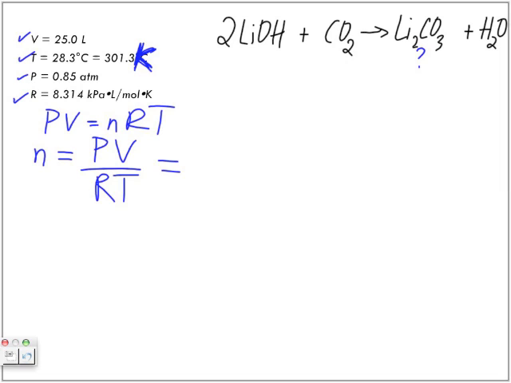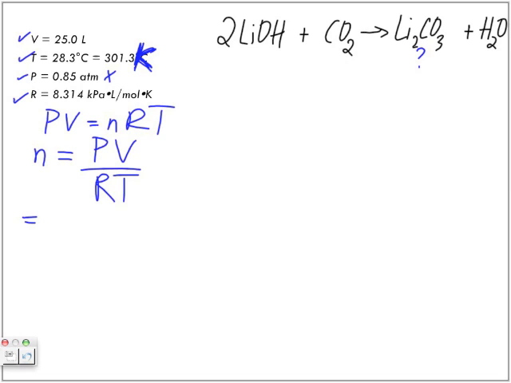So let's put it underneath. To find our N, let's make a couple of changes. In one of the previous lessons, we decided to change the R value. This time, just to show you guys there's really no big difference, we're going to change the atmospheres into kilopascals.